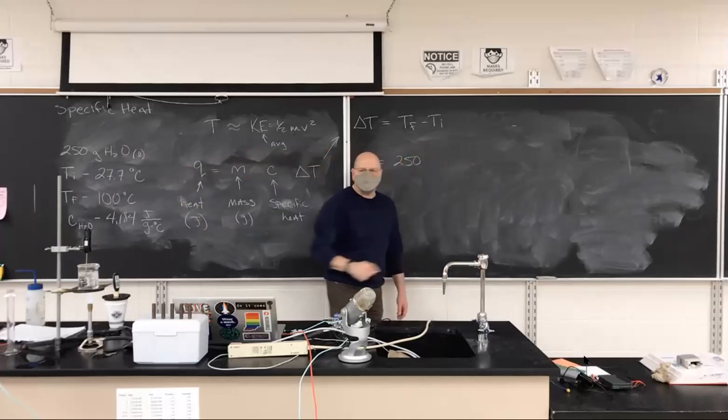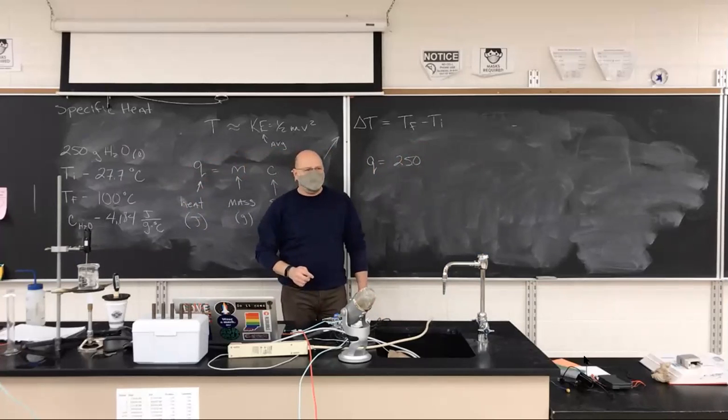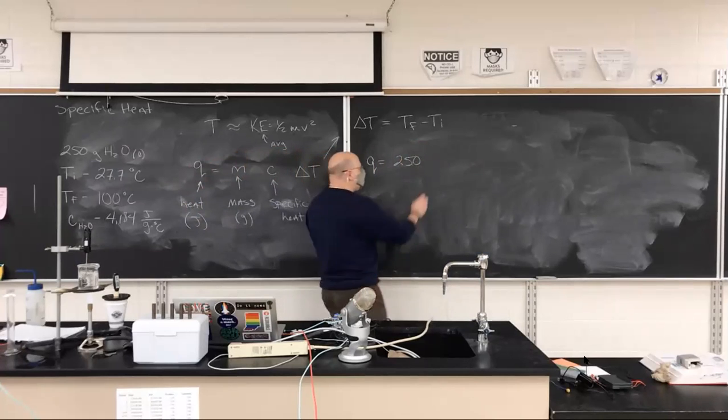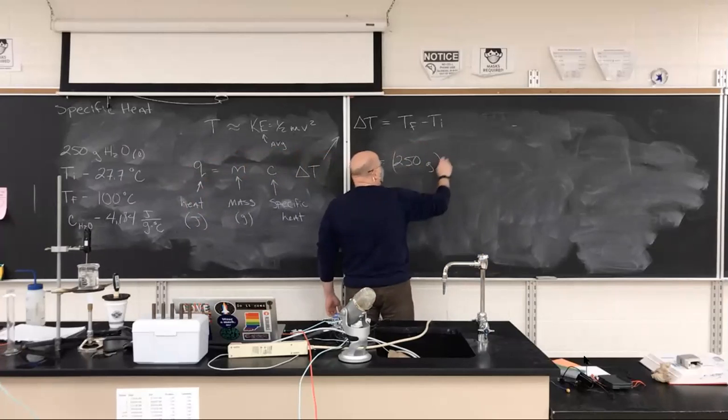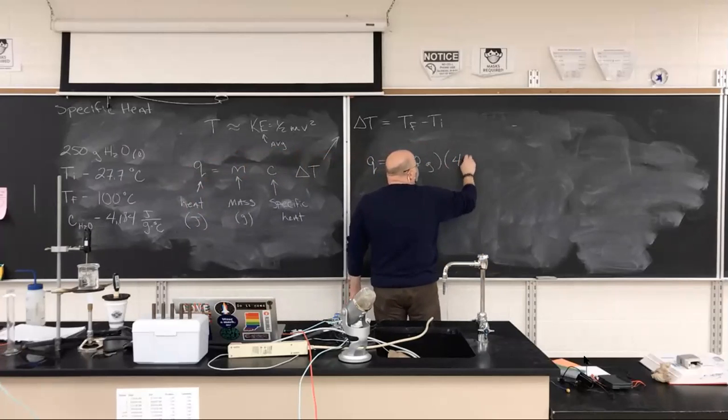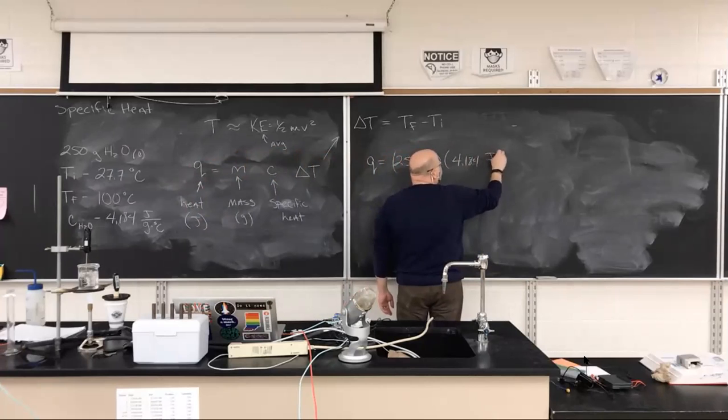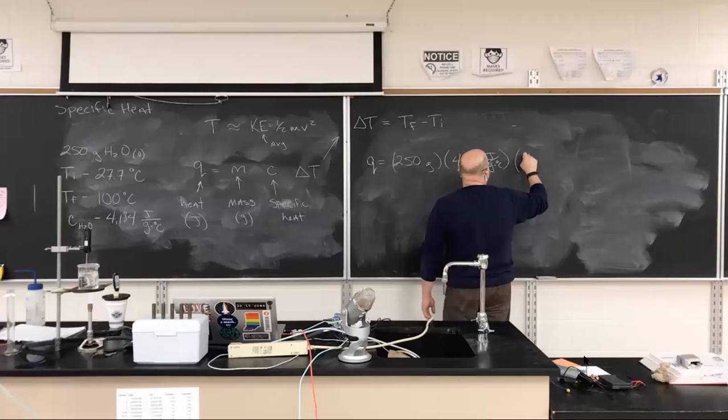It's plug and chug time. So at 250 grams, I got 4.184 joules per gram degree Celsius. And our delta T is 100 minus 27.7.